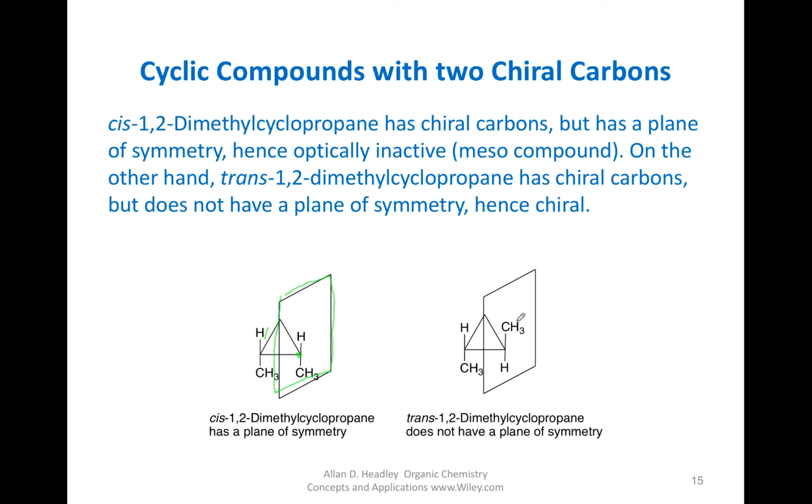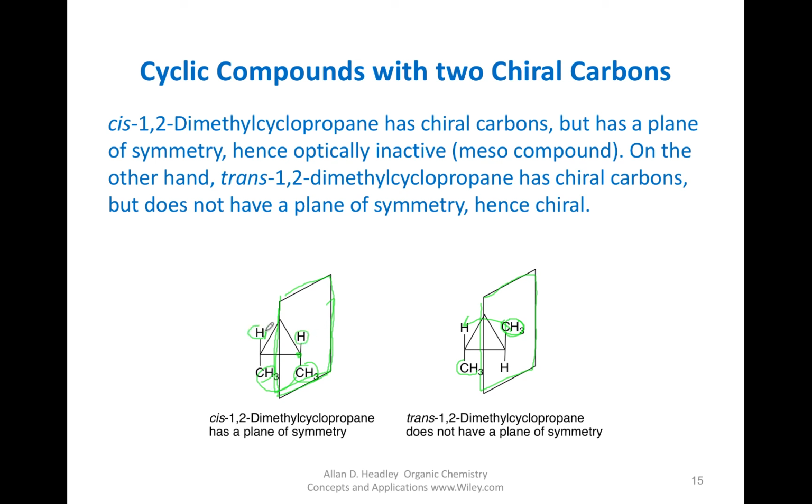The other compound where there's a trans relationship, if you put a plane right down the middle here, this half does not reflect on that half. So therefore that trans is not a meso compound. So let's do that again. A plane going right through the middle here, this half reflects on that half, of course, as you can see here.